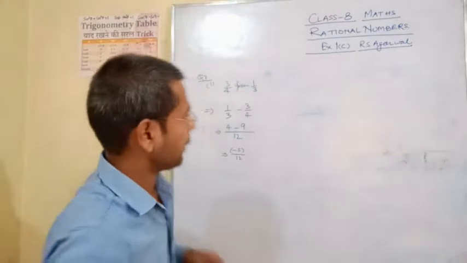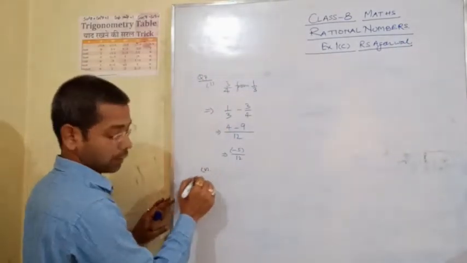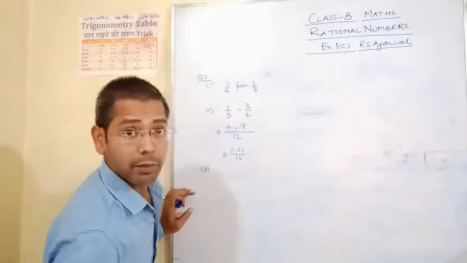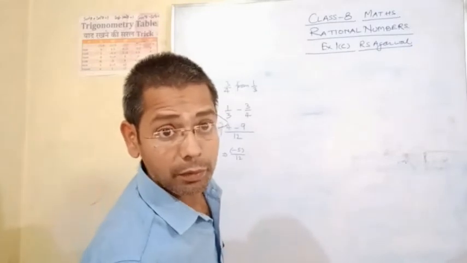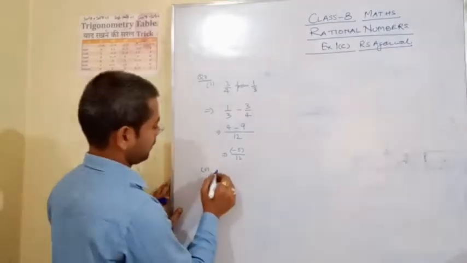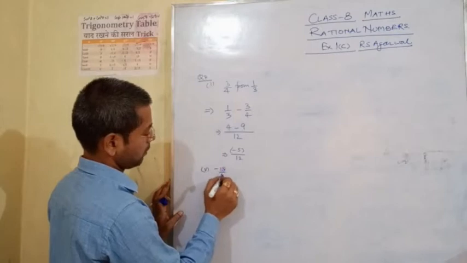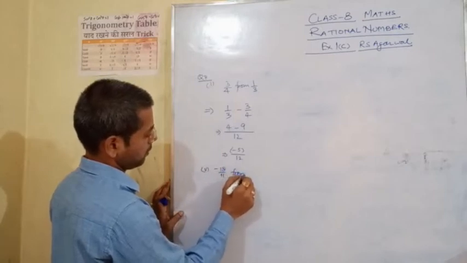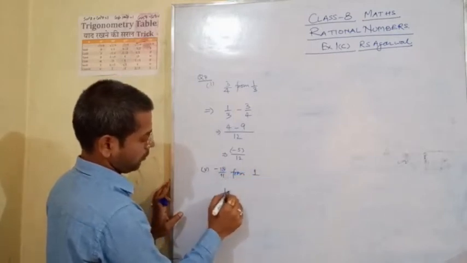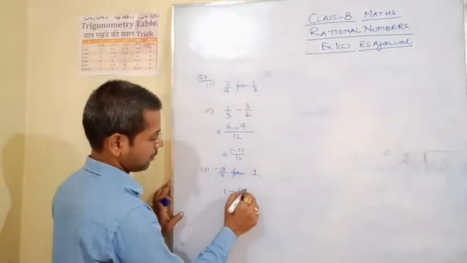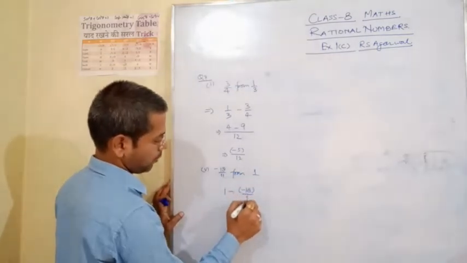Now the fifth part. It is minus 18 upon 11 from 1. From 1 subtract minus 18 upon 11.